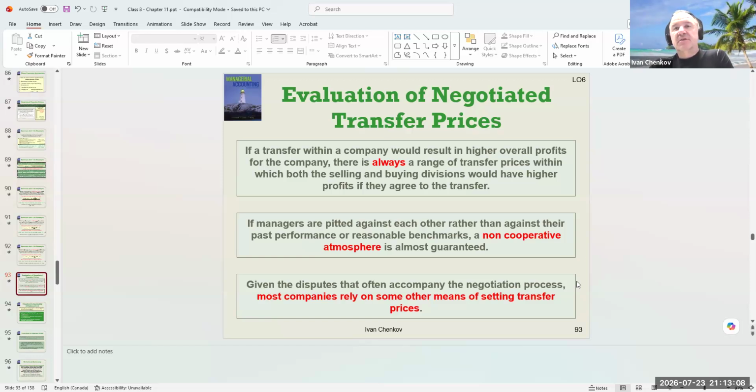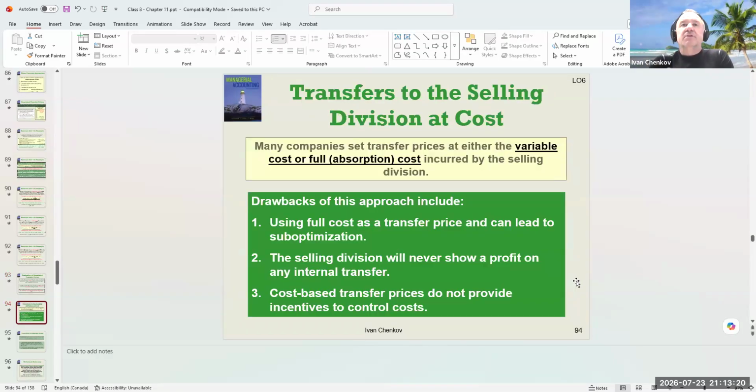And when there are disputes, which often happen within the negotiation process, most companies rely on setting the transfer price by somebody else. What are the drawbacks of this approach? What will happen if we do the transfer at the selling division's cost, which will be the variable cost, or variable cost plus absorption?